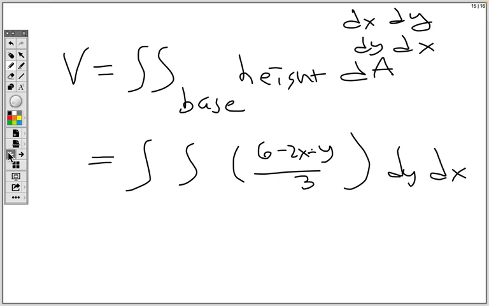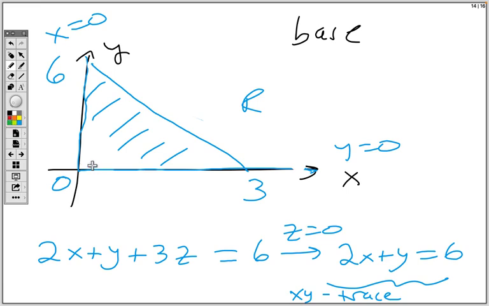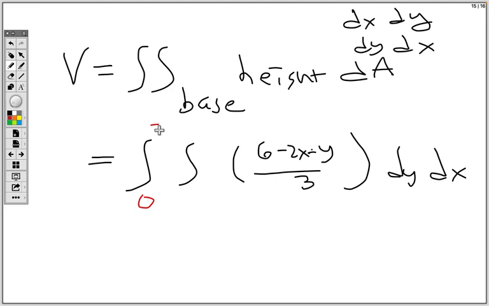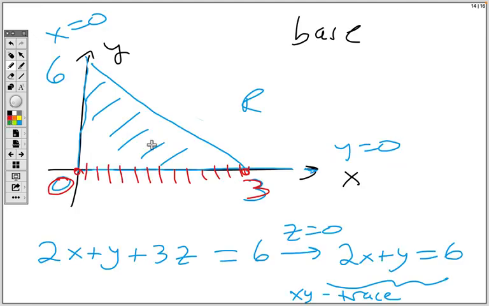So that means when I go into my region here, I'm chopping up the x's. So the x's are going to have constant bounds between 0 and 3. And now for a fixed x, I have to determine what the y runs between.